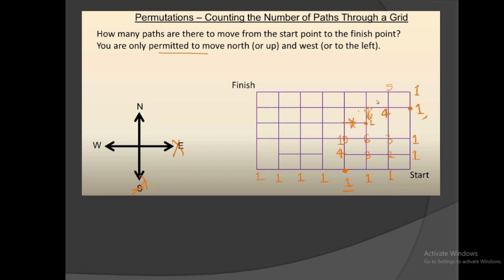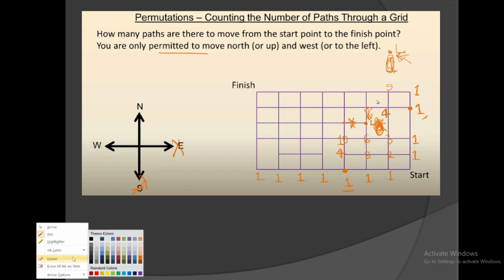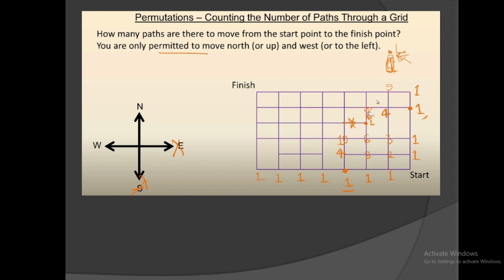The only way is to reach point L by upward movement or leftward movement, right? But leftward movement is not possible, because there is no path over here. It is blank. The only thing is upward movement. So you can get to point L by upward movement only.